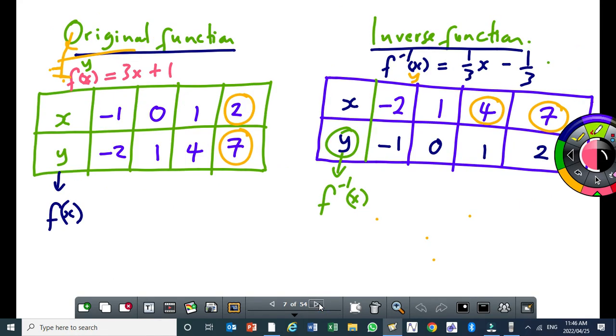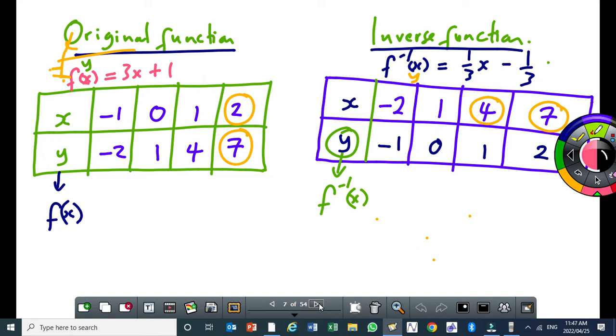Now, next page, pay attention. Now, let's draw the table of values of the two. That is the original function and the inverse function, the table of values. So generally, we start with the table of values of the original function.